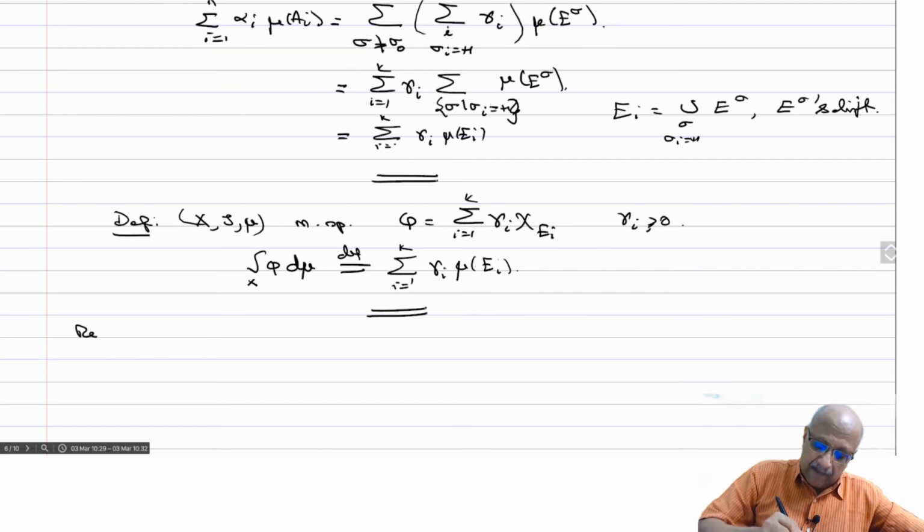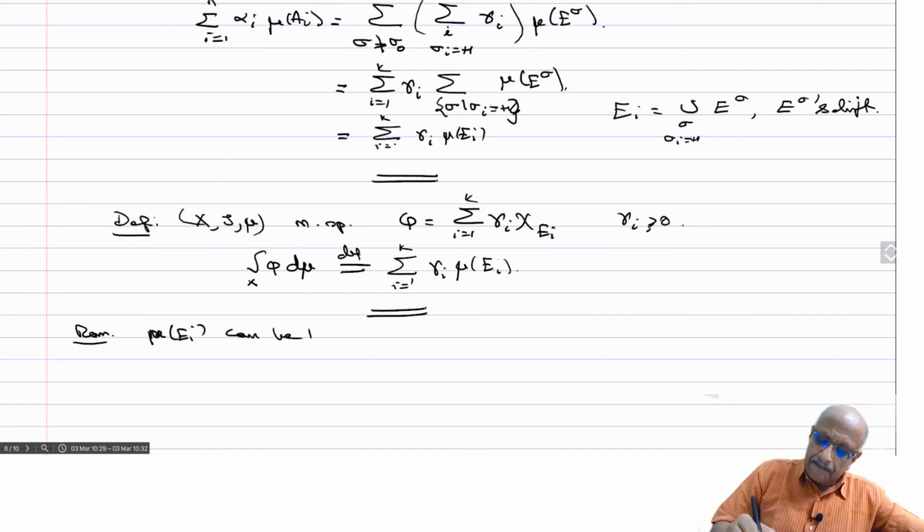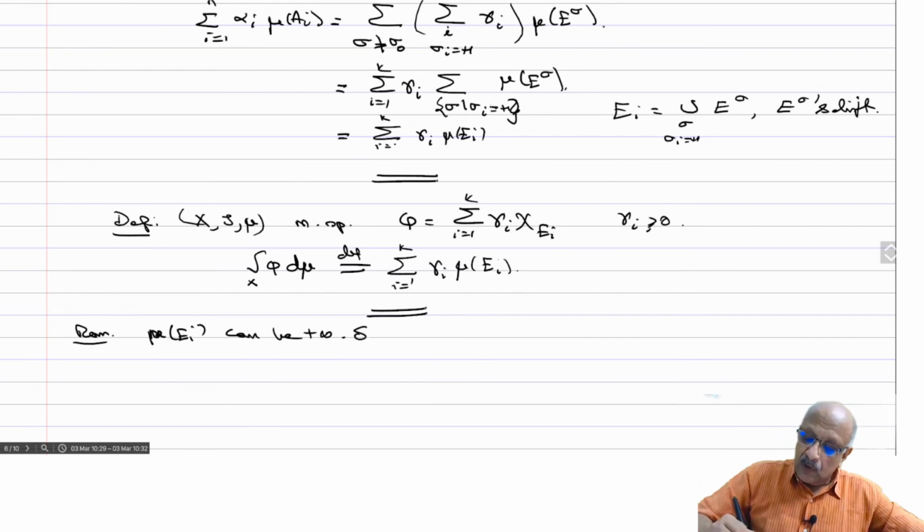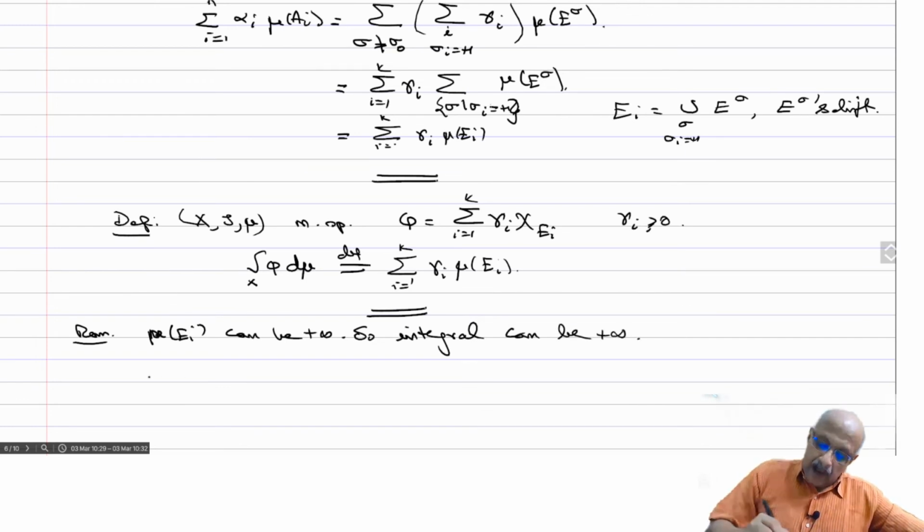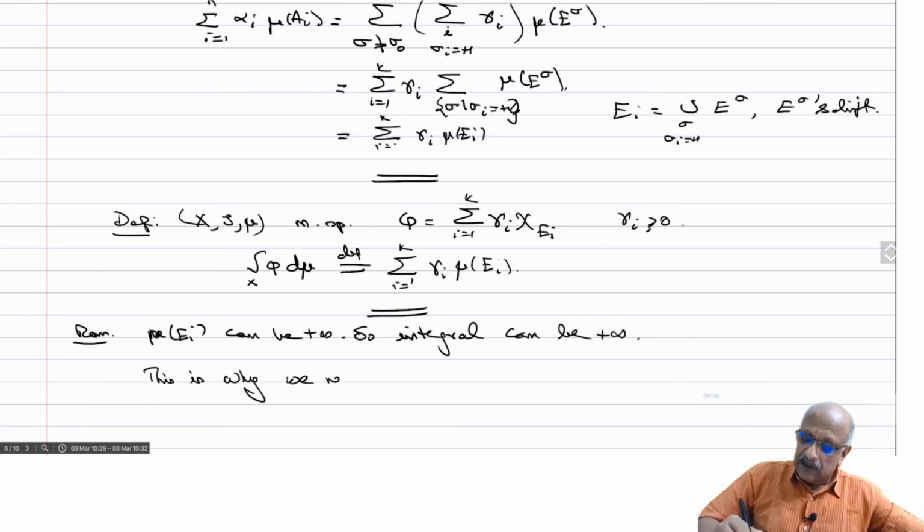So, remark: the measure of E_i can be infinite, so the integral can be infinite, and this is why we need gamma_i greater than or equal to 0.